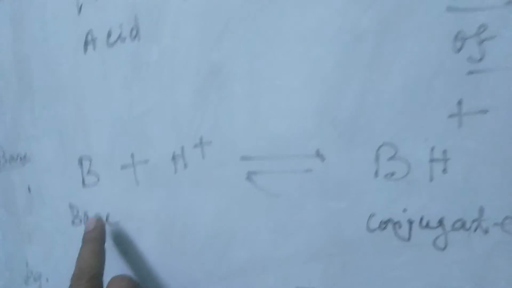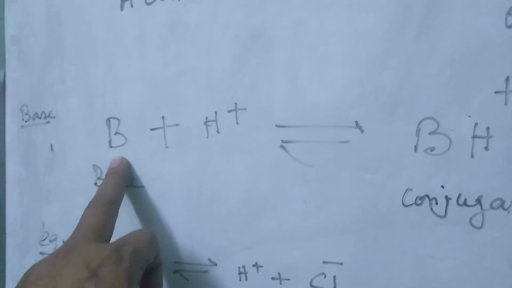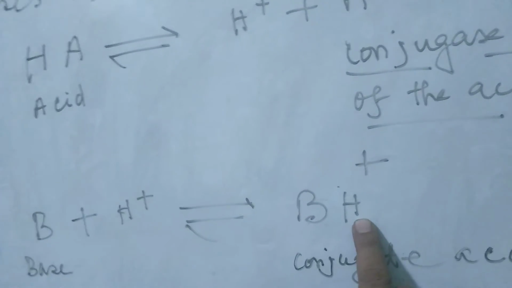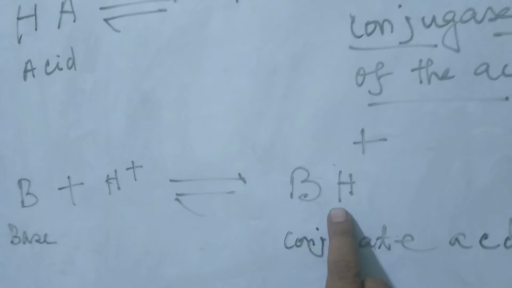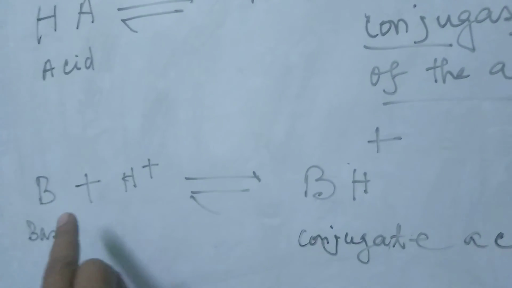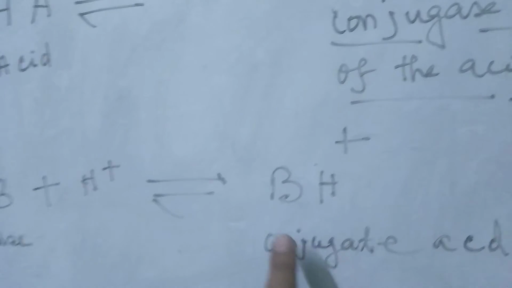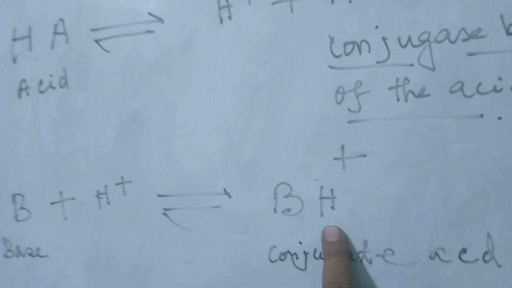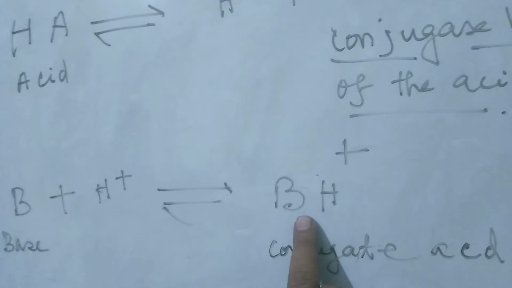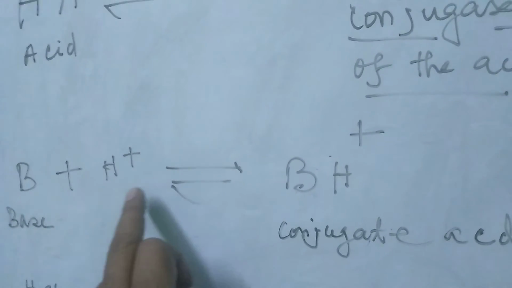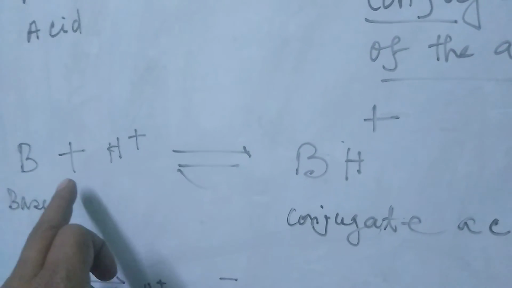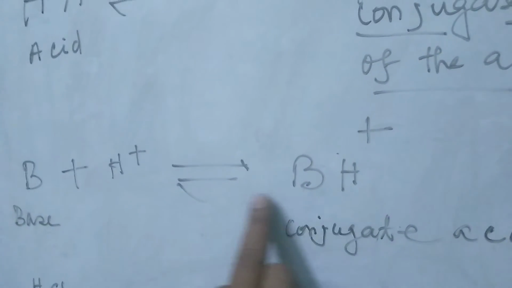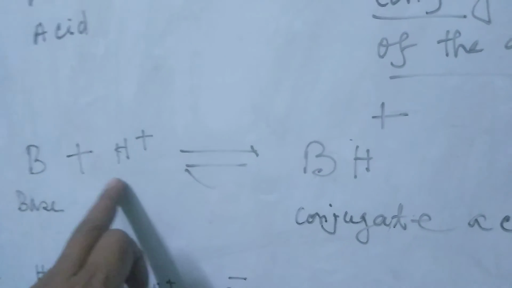Similarly, in the case of a base, B accepts one proton and forms the BH plus ion. In the forward reaction B is a base, and it accepts a proton forming the BH plus ion. In the backward reaction, this BH plus ion dissociates, gives a proton and acts as an acid.